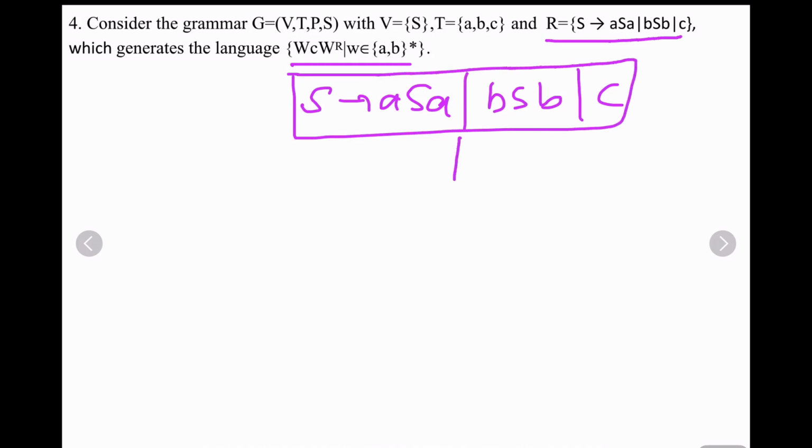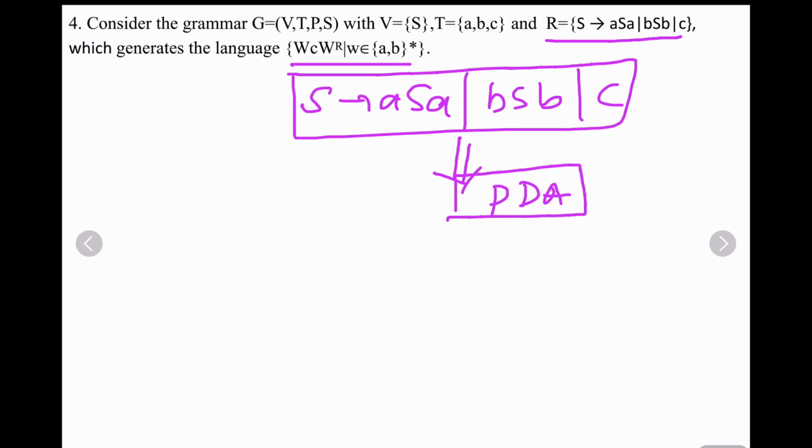This grammar has to be converted into a PDA. We already saw the conversion steps for acceptance by final state in the previous video. Today this has to be done by acceptance by empty stack.